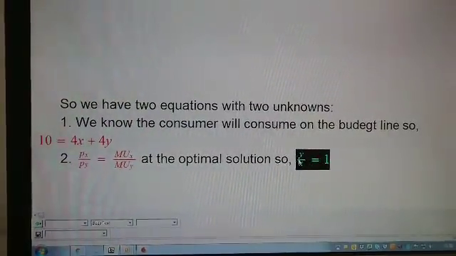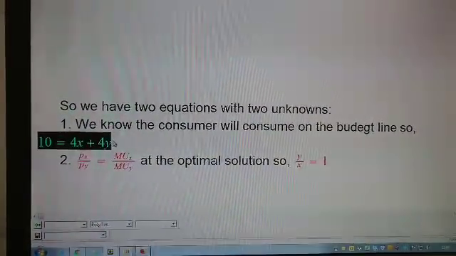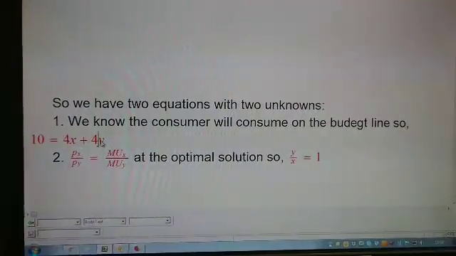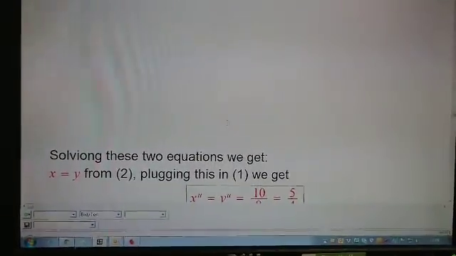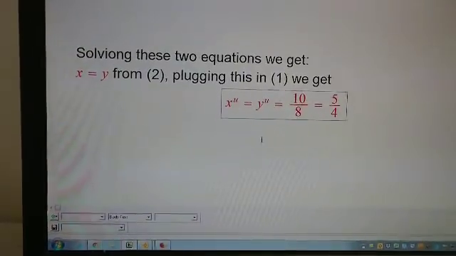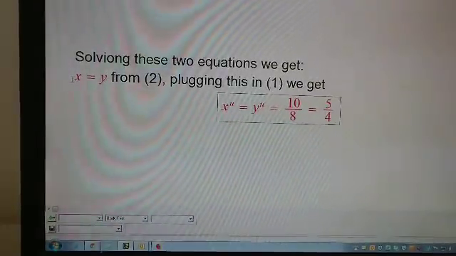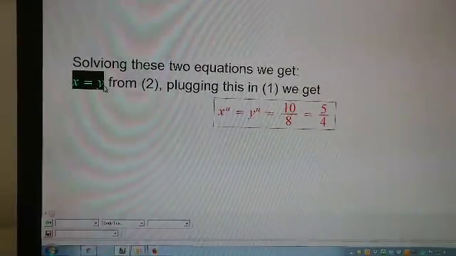So now we have two equations, this is one, this is the other, with two unknowns, y and x. So we can solve that. If we solve that, from the second equation, we get that x is equal to y.